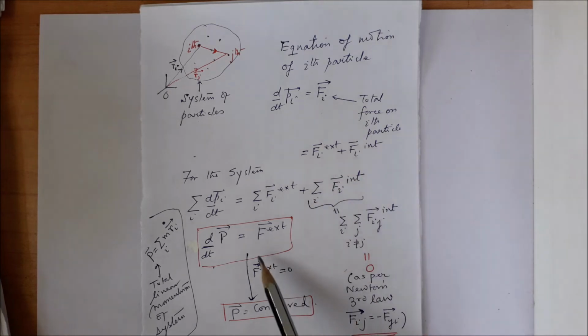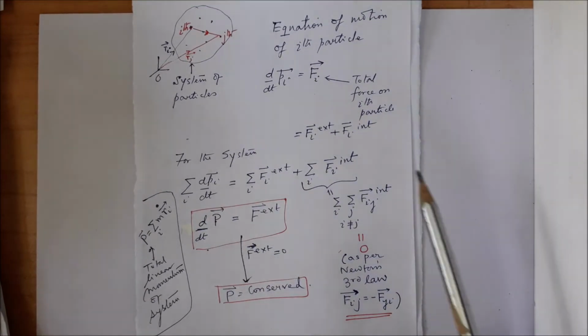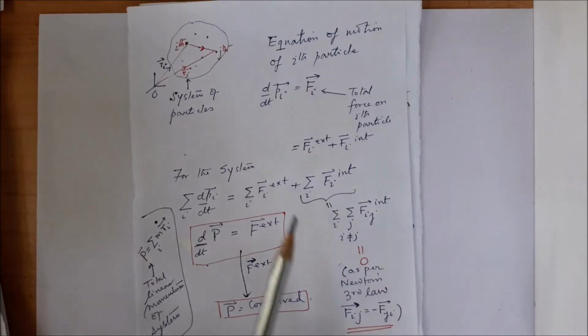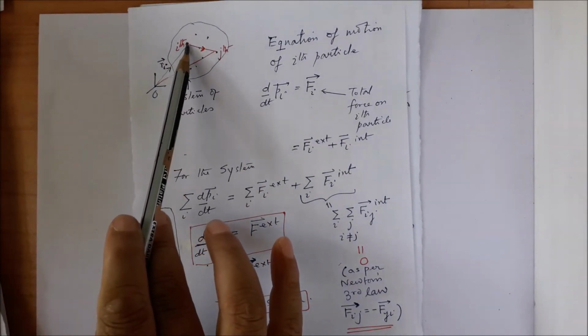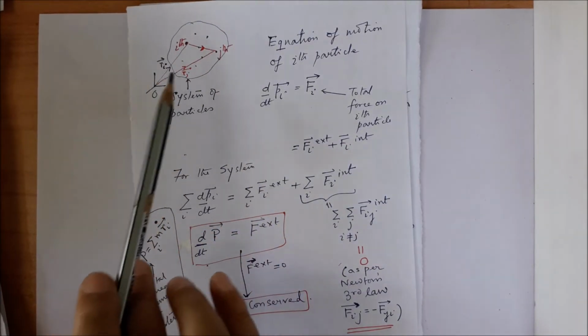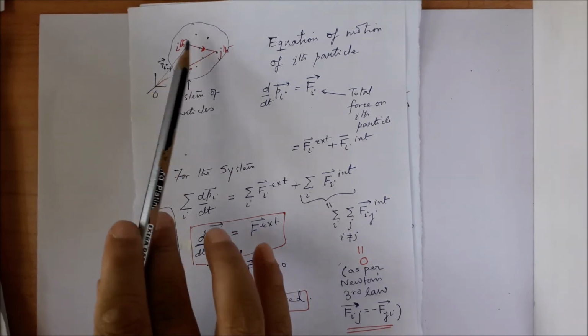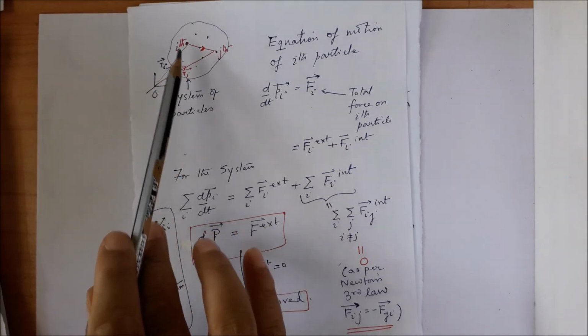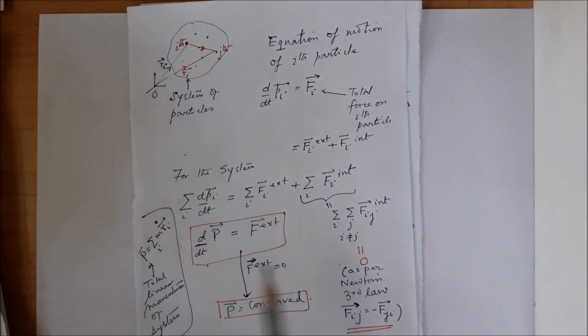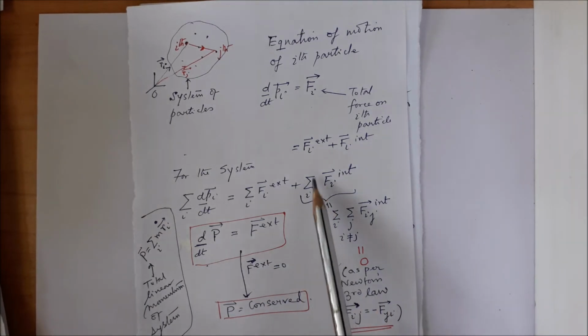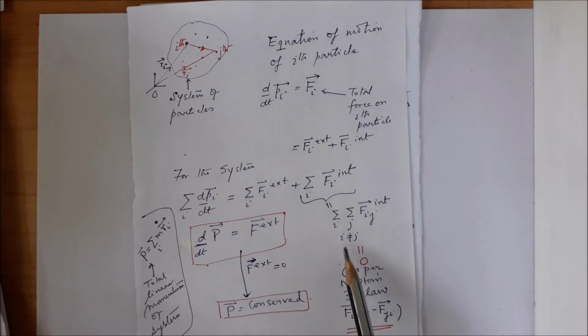Now we get this equation only if Newton's third law is active, which says that the force exerted on the ith particle by the jth particle and the force exerted on the jth particle by the ith particle cancel, and only then the internal force cancels out and we are left with the external force.